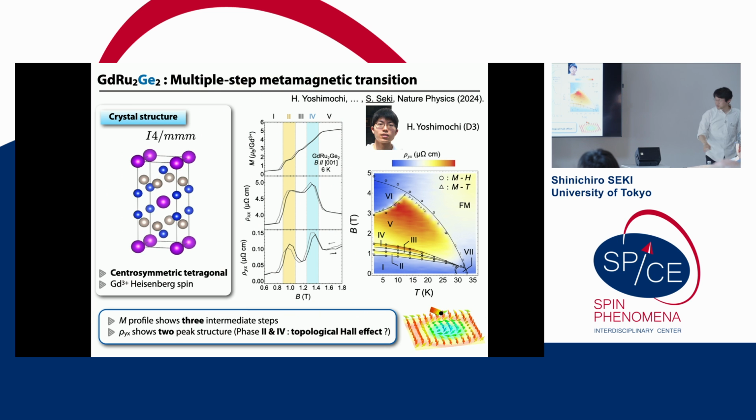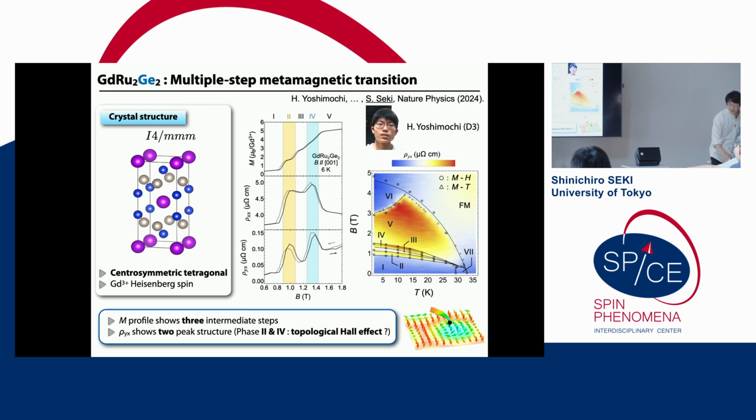Basically this germanium-substituted compound has exactly the same crystal structure as its silicon counterpart. When we look at the magnetic field dependence of the Hall resistivity, we can identify the emergence of two prominent peak structures in the Hall resistivity profile. It can be ascribed to the so-called topological Hall effect originating from the skyrmionic spin texture.